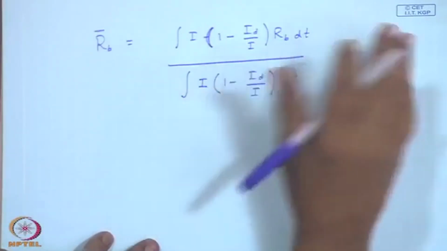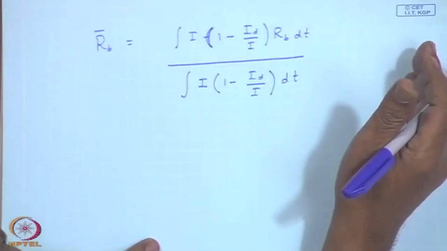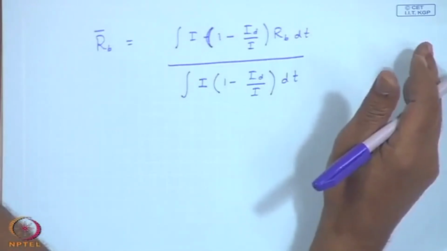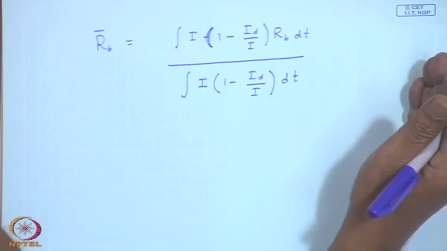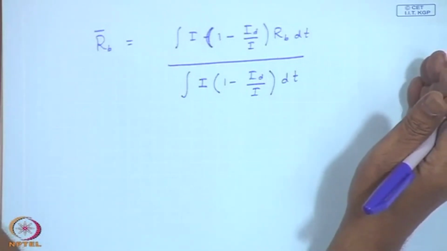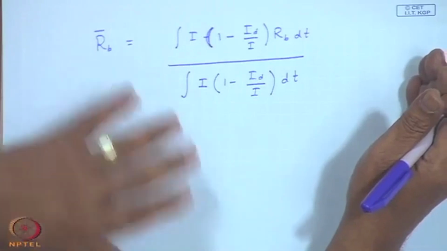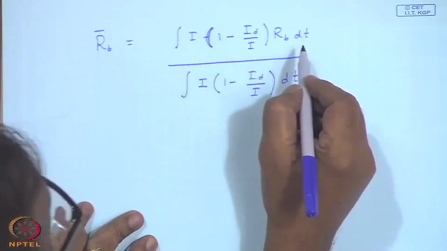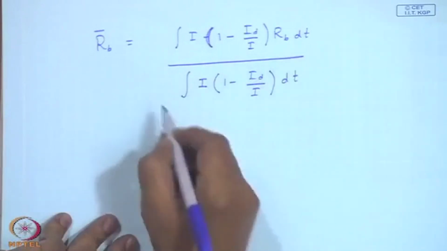So, I am trying to assume that I have got an analytically representable function or discretized function or some correlation for I, and I write it in this particular fashion. So, this is exact under terrestrial conditions.